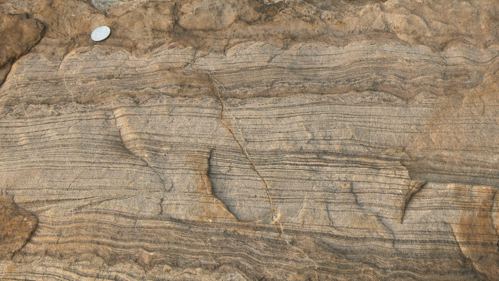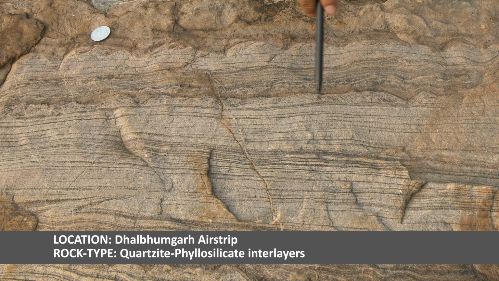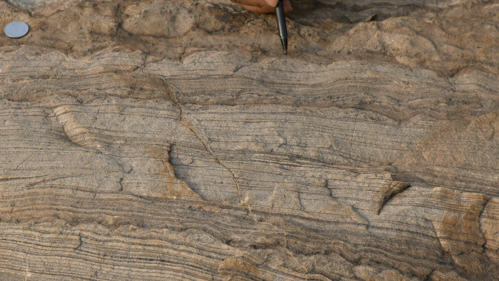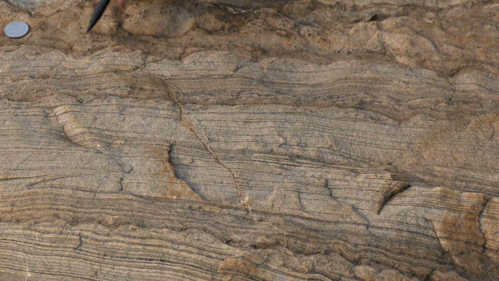We see here the ripples again, but here we see them in a different way. Here you see the traces of the overall bedding planes, and if we come towards this side, we see that the ripples are disposed like this. So, these are not folds, these are ripples.